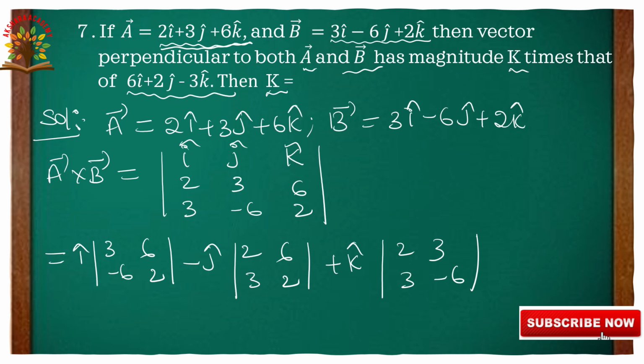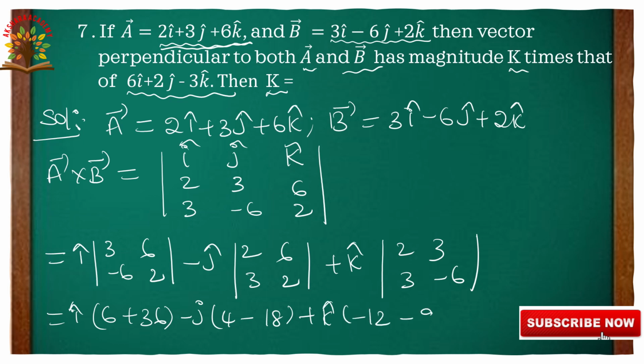So that is equals to i cap of 3 2s are 6, here minus of minus plus 36, here minus j of 2 2s are 4 minus 18, and plus k cap of here minus 12 minus 9.